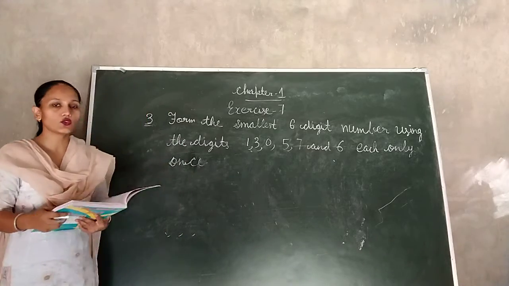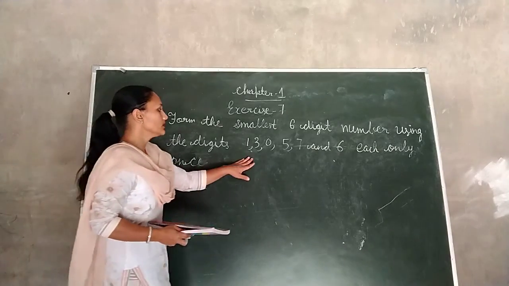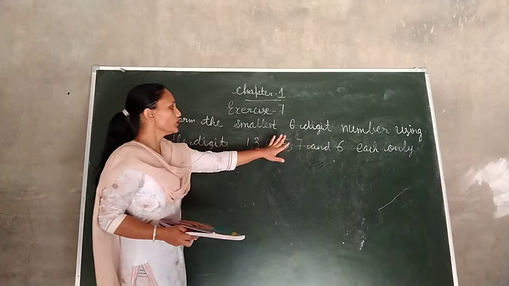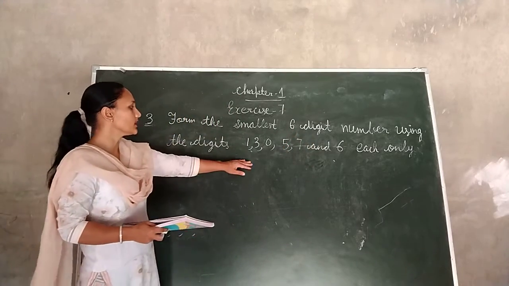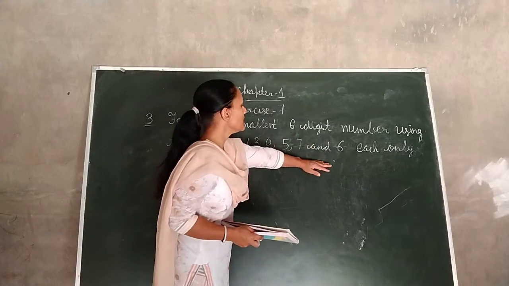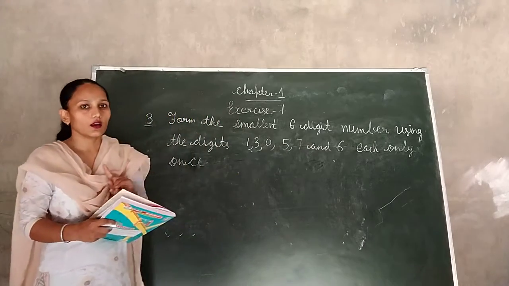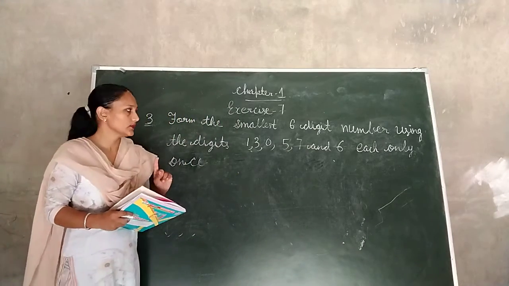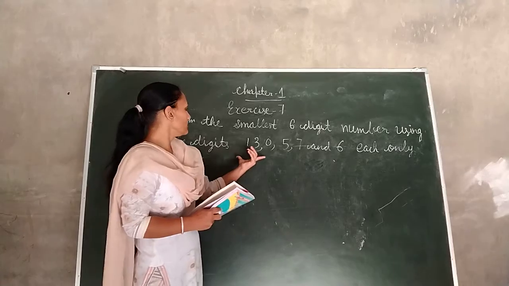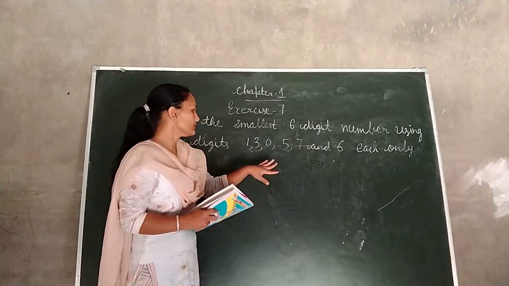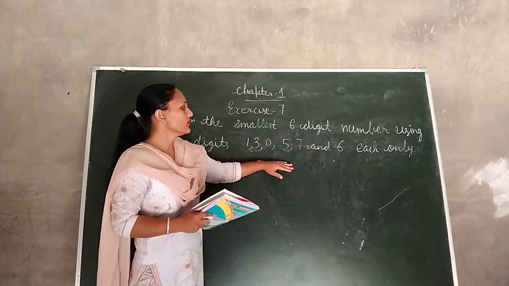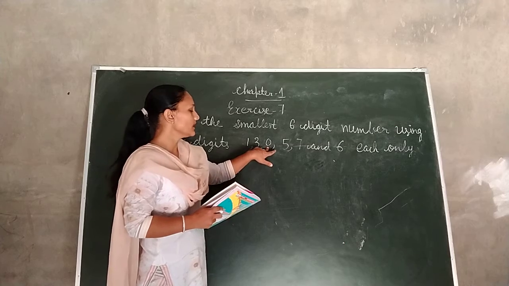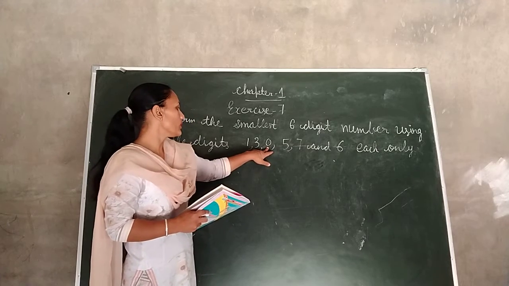Now what we have to do, we have been given these 6 digits and we have to make the smallest 6-digit number by using these digits only once. So first of all, we will check whether there is a 0 or not. There is a 0 in this number.